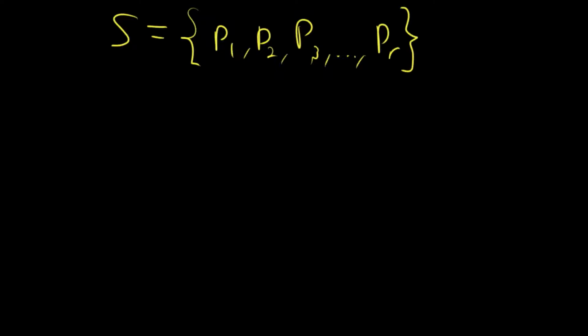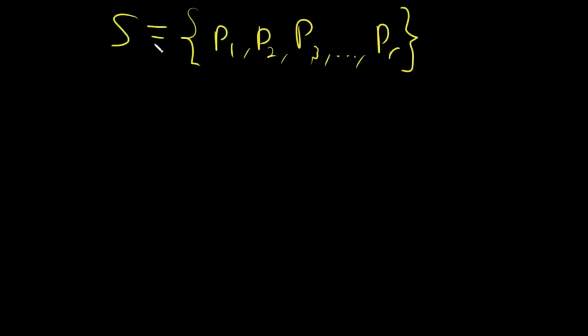Now this set, by assumption, has only finitely many prime numbers. It's not an infinite set. We're going to assume that there are only so many prime numbers that we can ever find in the world or in maths, and that we can list them all on some list that comes to an end.